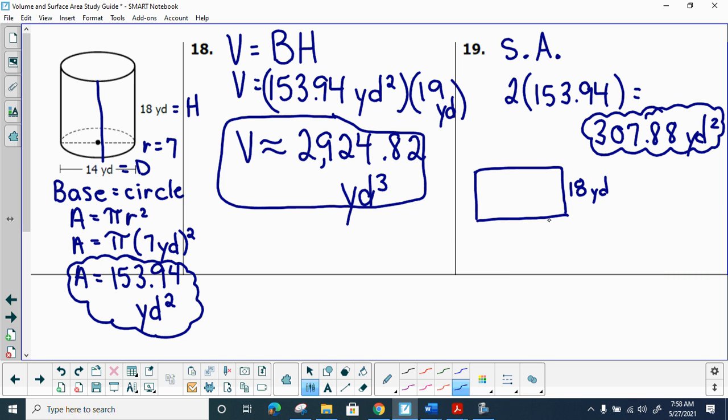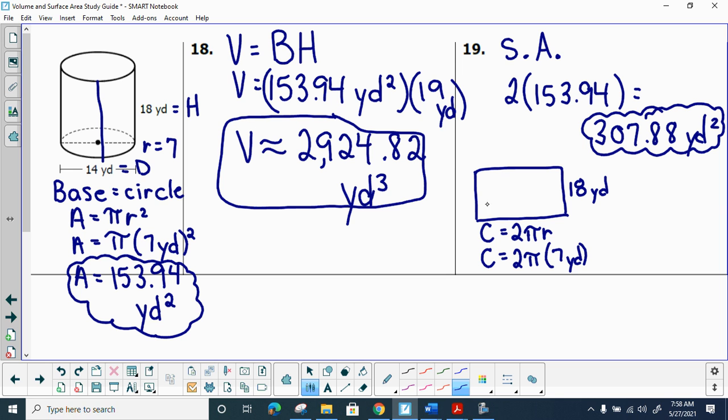The length of that rectangle is the distance around the can. So that is the circumference of the circle. So 2 pi r, or just pi times diameter, whichever one you want to do. Okay, so that's going to be 2 pi times radius of 7 yards.